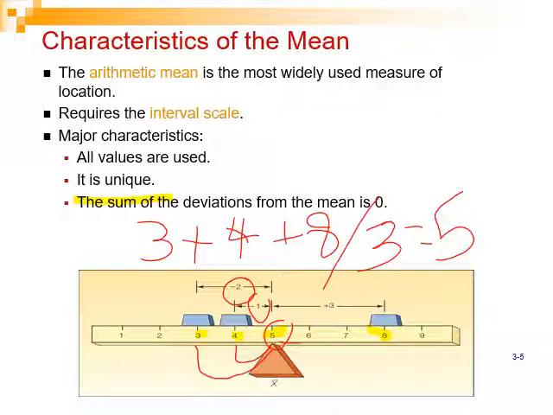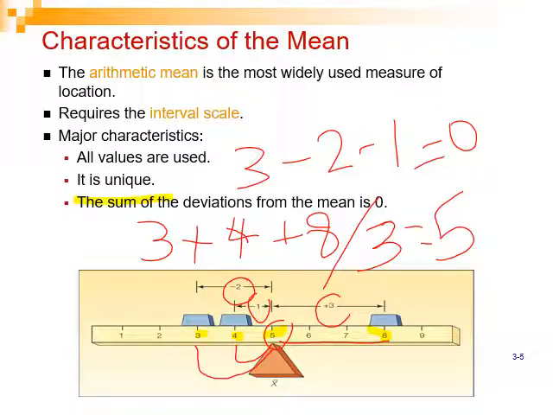And between 5 and 8 the difference is 3 in a positive direction, so +3. So if we add 3 plus -2 plus -1, it should be equal to 0. This means that the sum of deviations from the mean is equal to 0.